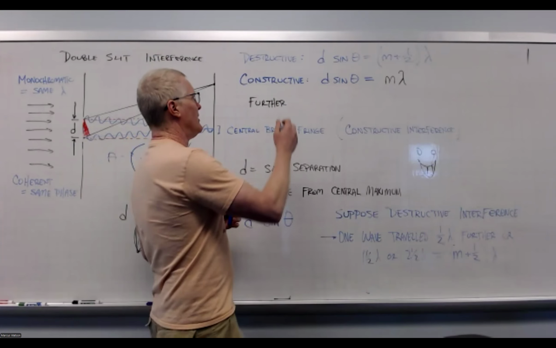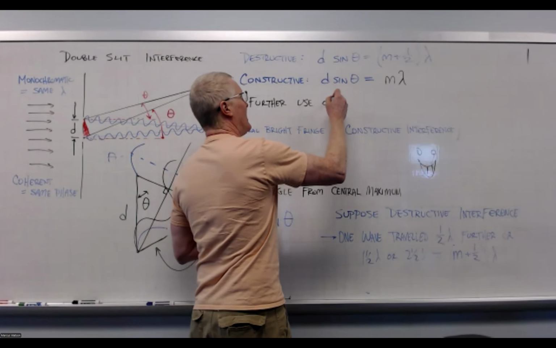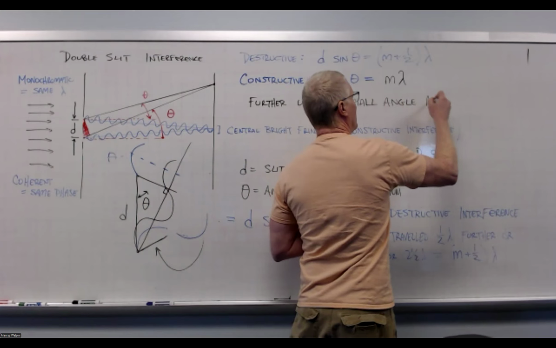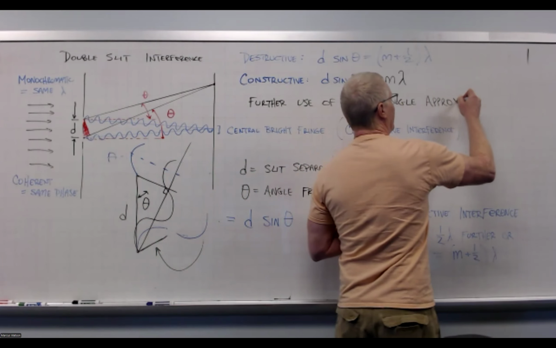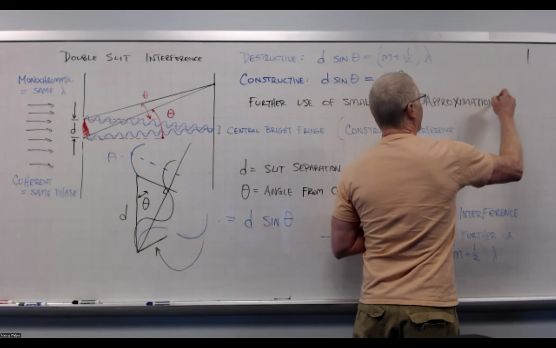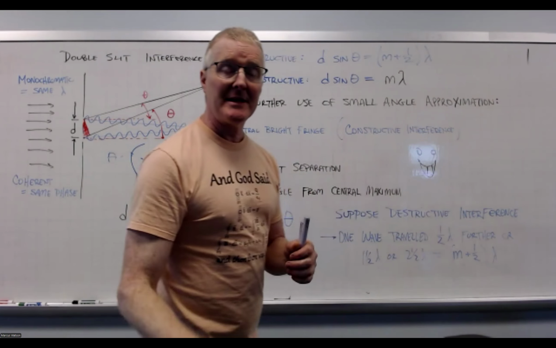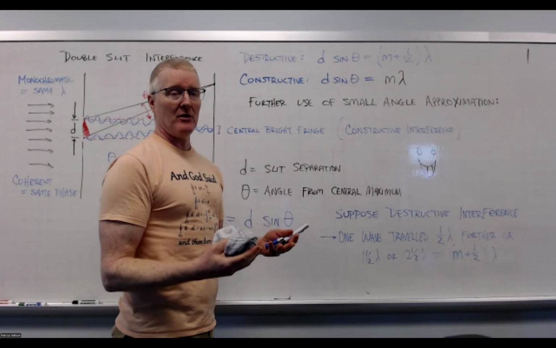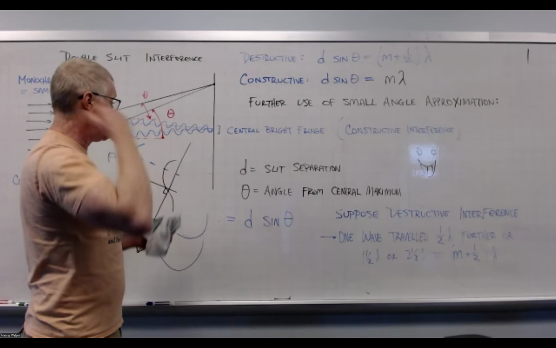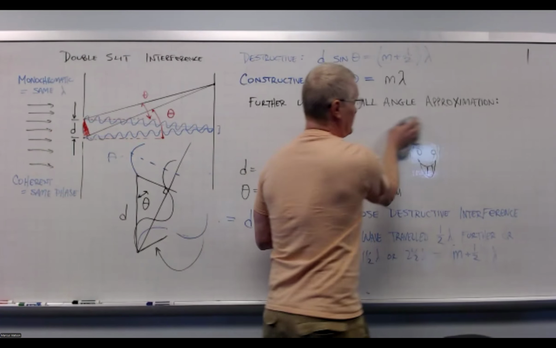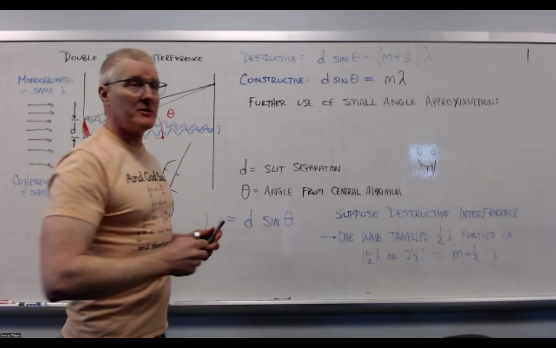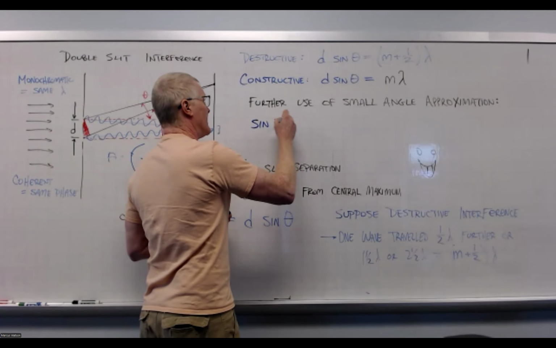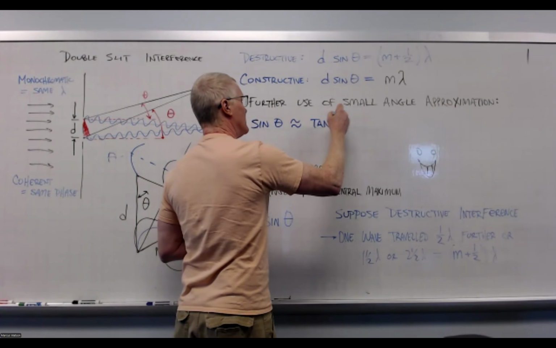Further use of small angle implies that the sine is approximately the same thing as the tangent of the angle, and that's the same thing as the angle. So I can write the sine as being approximately the tangent.